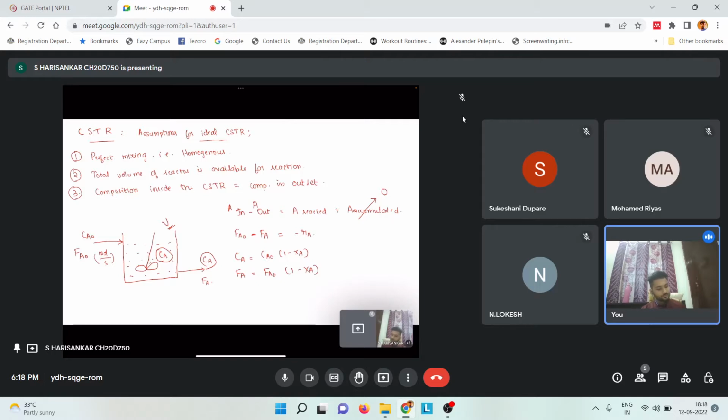So just substitute this Fa here, and if we expand, we get Fa0 minus Fa0 plus Fa0 Xa is equal to minus Ra into V.